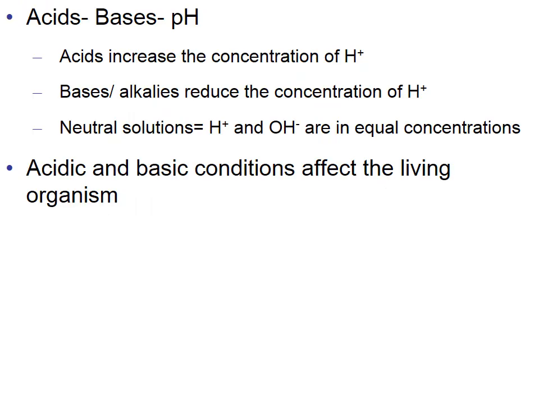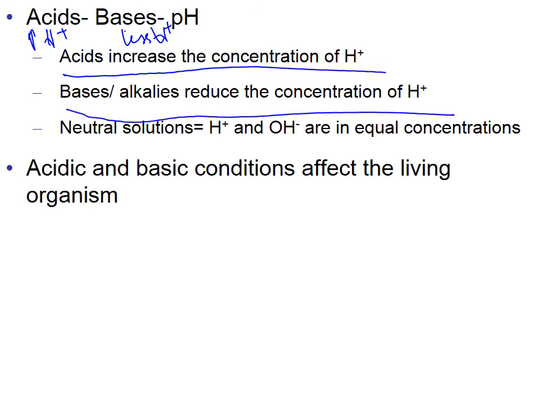Depending on whether you have more or less H plus, you can be either an acid or a base. Acids generally increase the concentration of H plus. Bases or alkalis reduce the concentration of H plus. Neutral solutions have equal concentration of H and OH. Acidic and basic conditions affect living organisms.